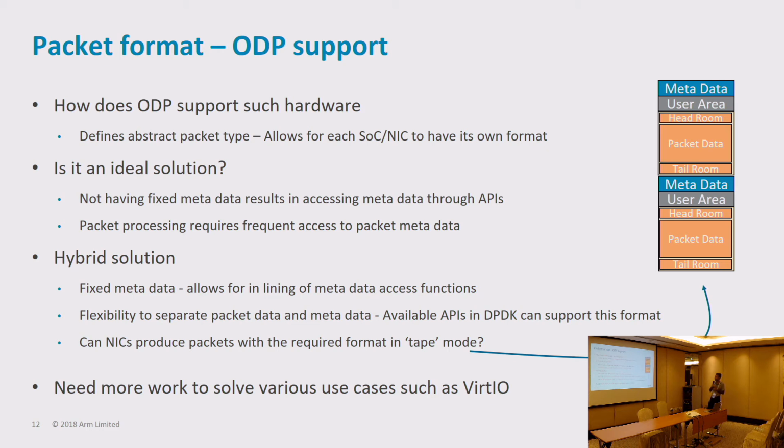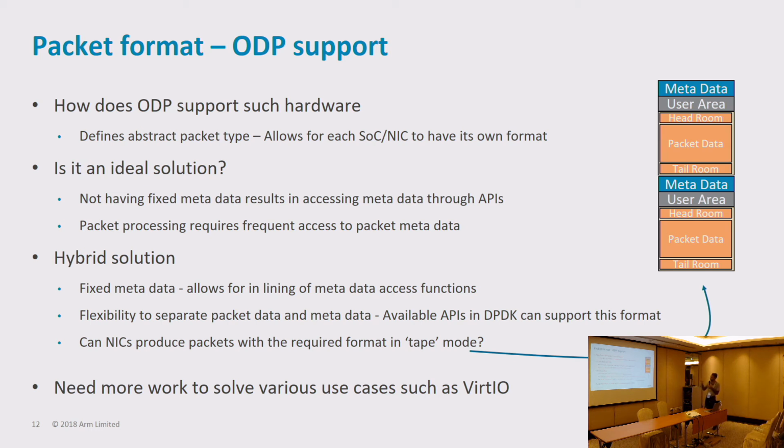So I think we need to take a hybrid approach. The hybrid approach would be a fixed metadata, as in all the hardware would follow a fixed set of metadata. That would allow us to inline the metadata access functions, and that would save us the CPU cycles associated with calling functions.